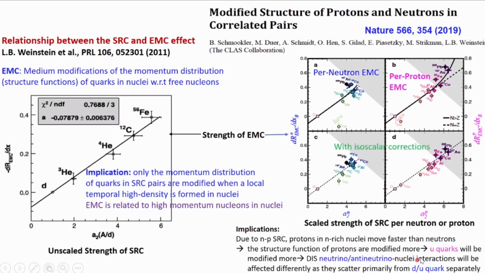This may have effects on deep inelastic scattering induced by neutrinos and antineutrinos, because neutrinos and antineutrinos scatter differently on up and down quarks. So this has some implications for neutrino physics.